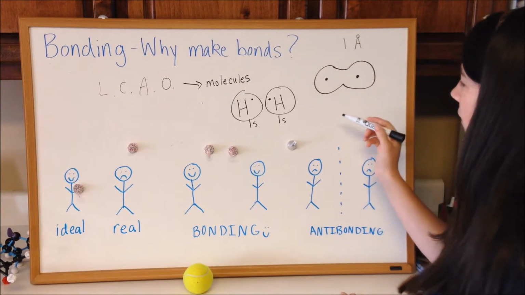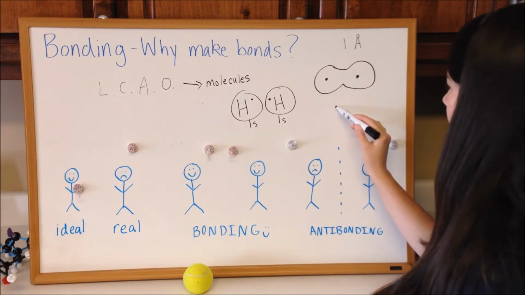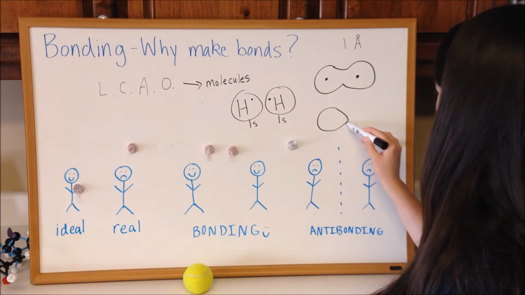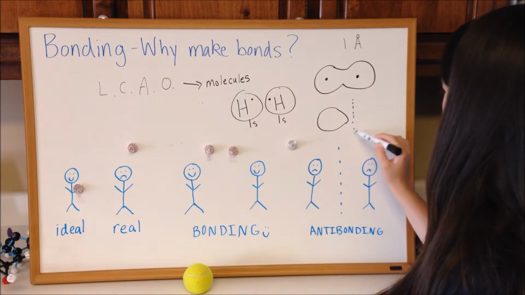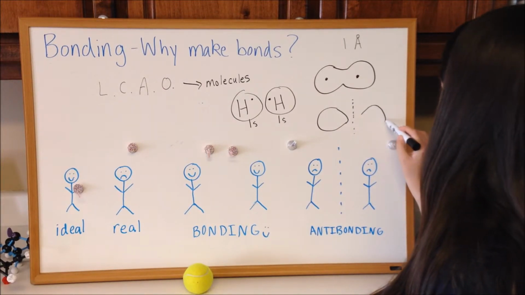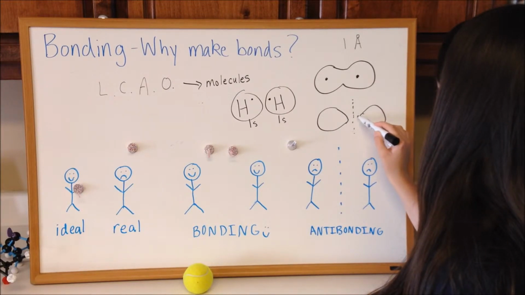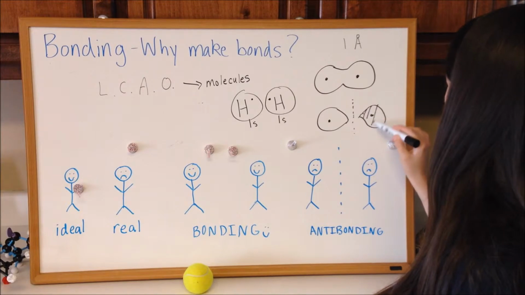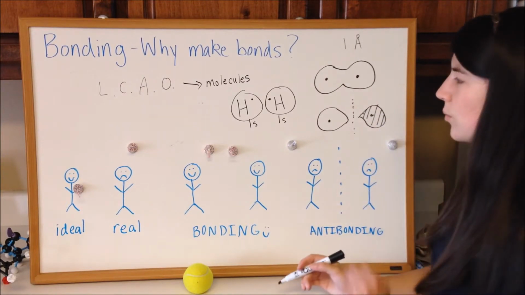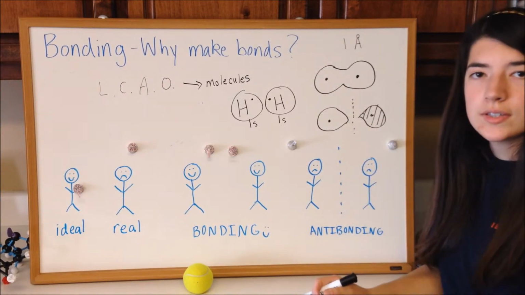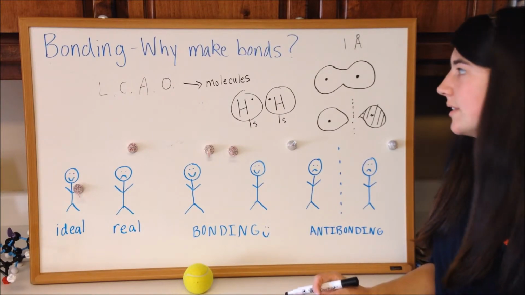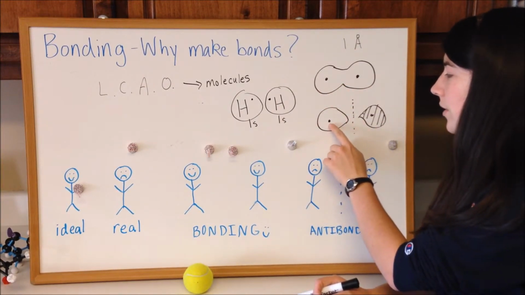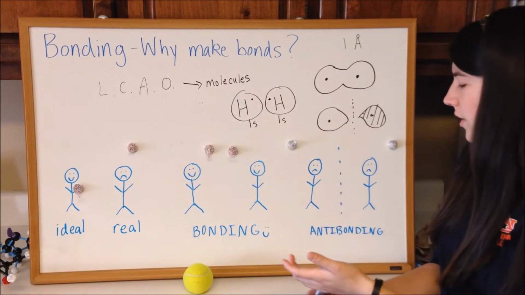But on the other hand, they can also add destructively, meaning one will have an opposite sign of the amplitude. And when that happens, that only allows one nucleus to see its one electron. So instead of placing the electron density between the two nuclei, each nucleus can only see its electron.